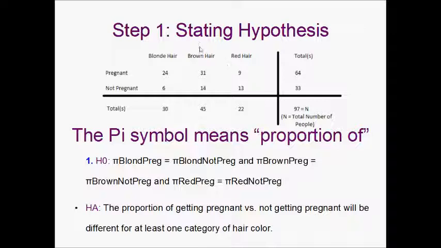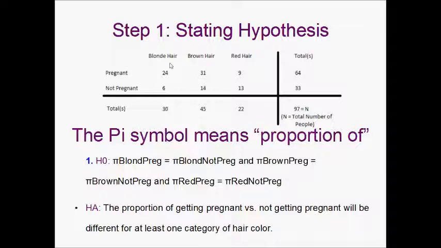That's saying, as you can see up here, that what we're testing is whether people vary on pregnancy rates depending on their hair color. At the top we have blonde, brown, and red hair, and the pregnancy rates of each of them.